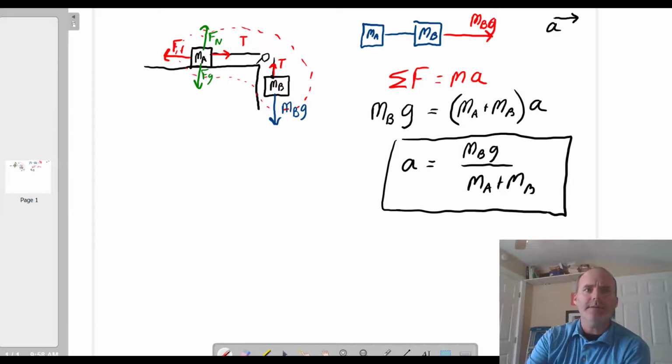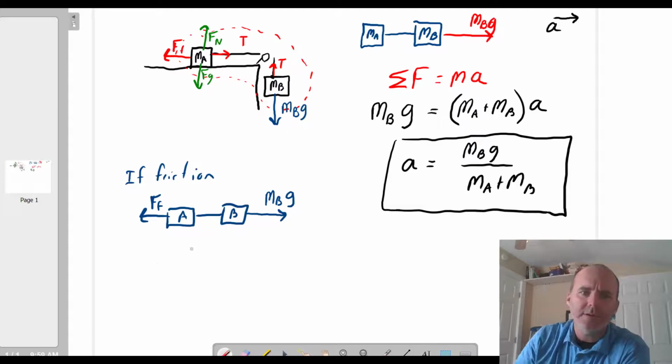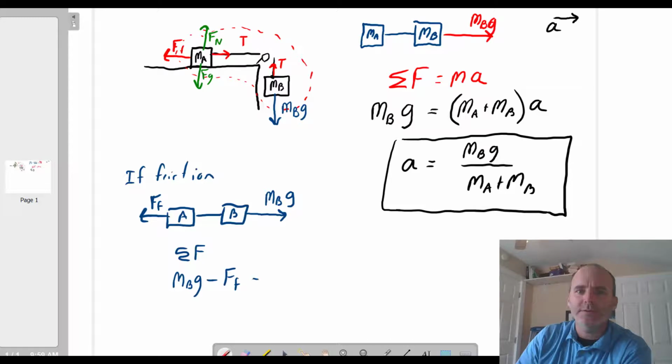So I would have a force going this way, my frictional force, and I would have my weight mBg here, and remember this is A and B. So when I sum my forces, I would have mBg minus my frictional force equal to mA plus mB times a.